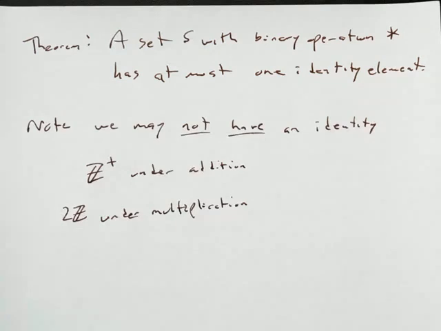Does this work with 0 too? If I work with addition, yes. Not if I work with multiplication, right? Yeah. So again, it's going to depend on what our operation is and how the set is related.